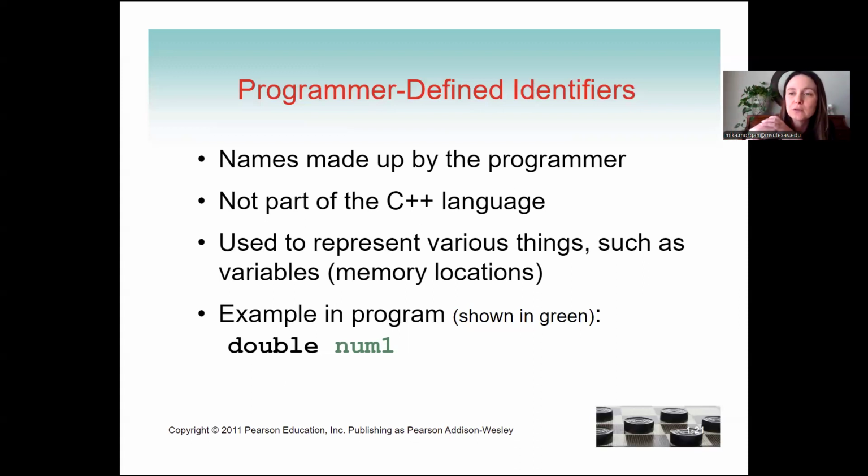Also, the computer needs to know the data type so it knows the space. I'm saying, go reserve me some space in memory to store this information. So the computer needs to know how much space do you need, right? Is this going to be a tiny little, like, 2-digit piece of information? Are you saving somebody's age, which will never be more than 3 digits? That's a very small piece of data. Or are you calculating the distance between planets in the solar system? Those are going to be huge numbers, right?